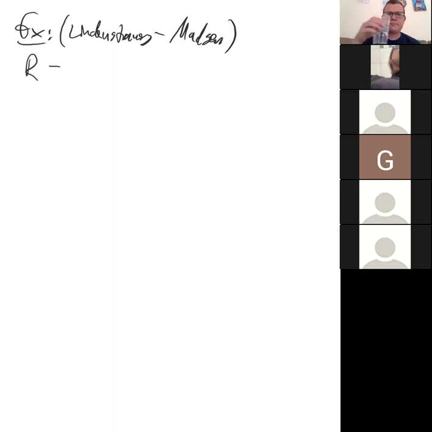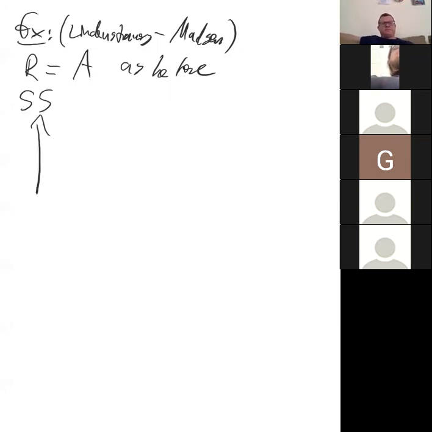So let R be of this form we considered earlier, where A is a complete mixed characteristic DVR with perfect residue field. Then the spectral sequence takes the following form. We saw that the relative THH is polynomial.